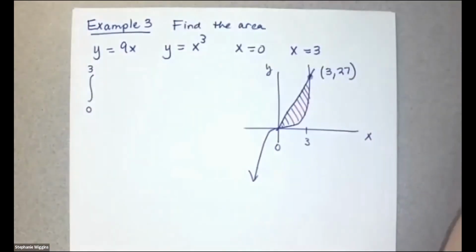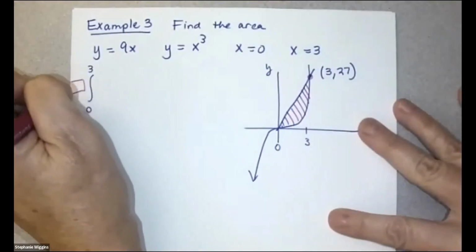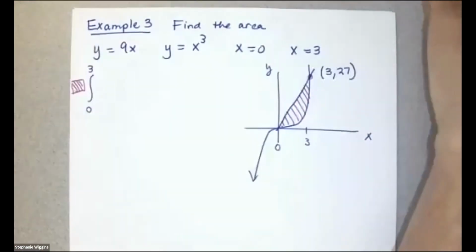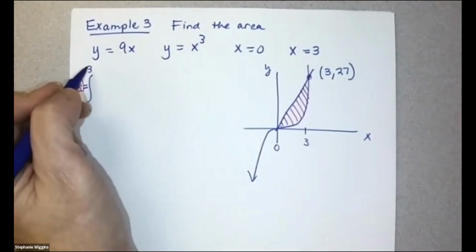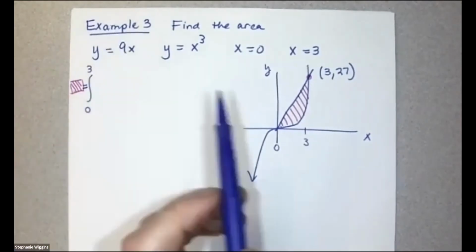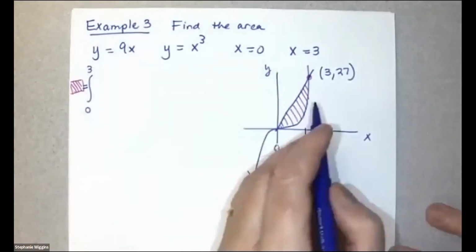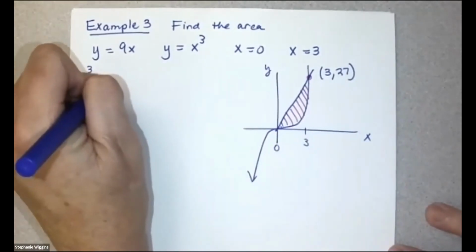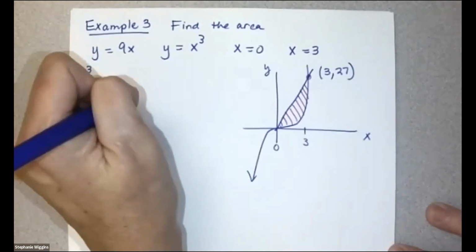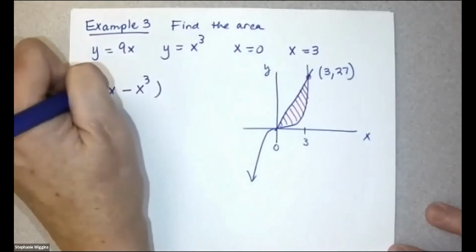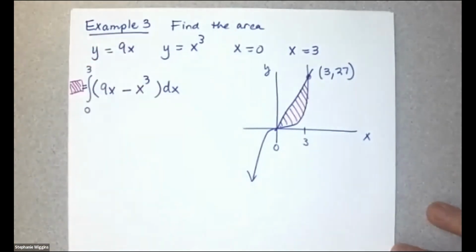And that area is equal to the integral from 0 to 3. Now we take the top function. This is the 9x. The line is 9x. And then we subtract the bottom function, which is x cubed. And then we can't forget our dx.